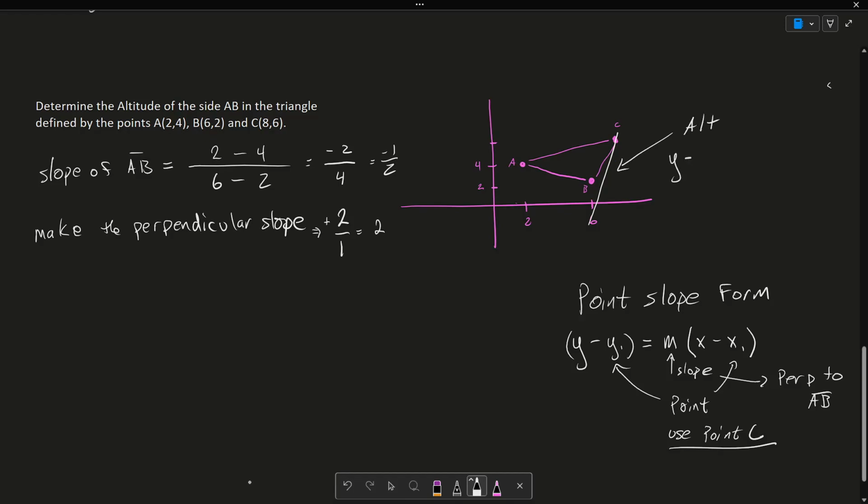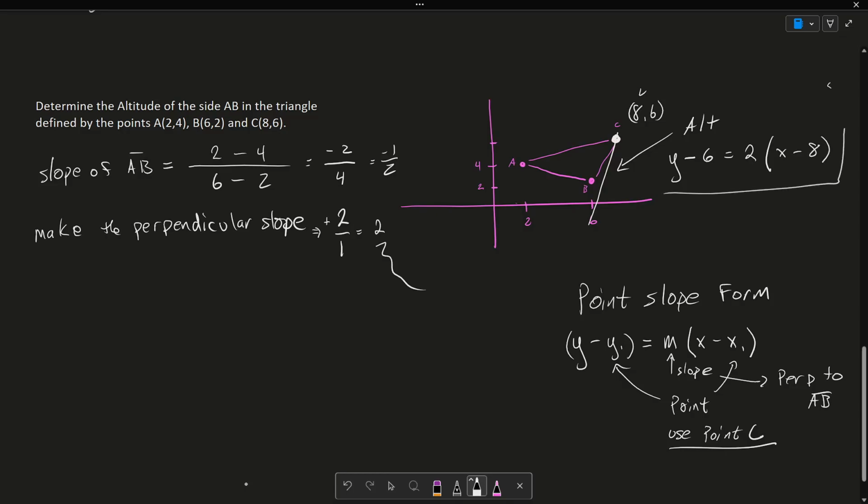It's y minus the y-coordinate of a point on the line, which we already know is point C, (8, 6), so y minus 6, equals m, the slope of that line. We know it's perpendicular to AB, so we use this 2 here. And then I need x minus the x-coordinate of 8.